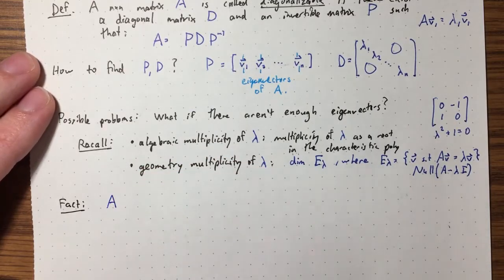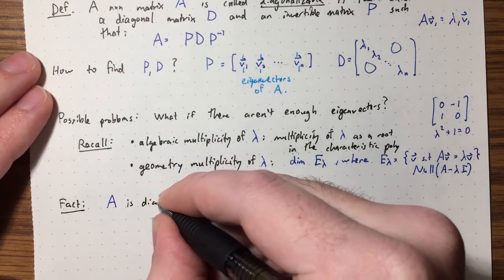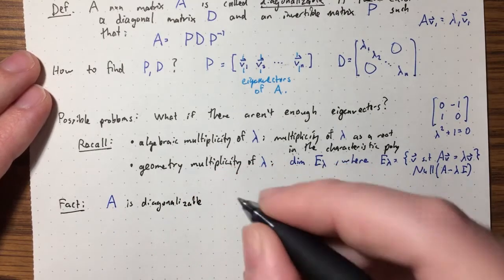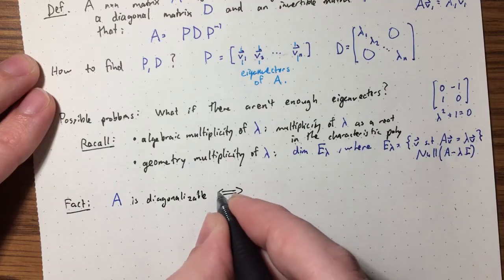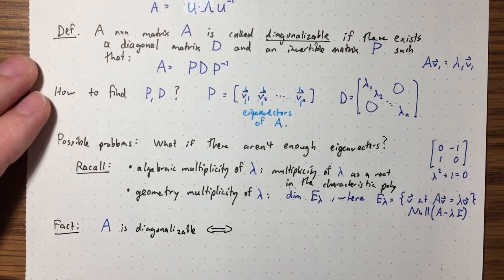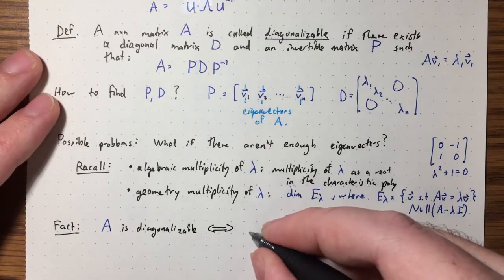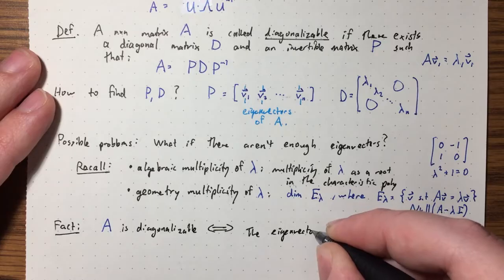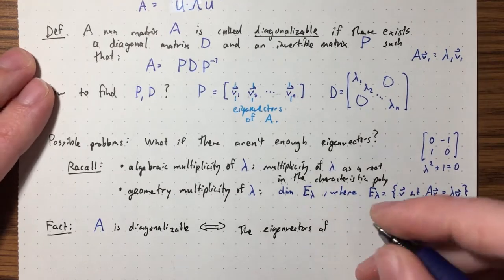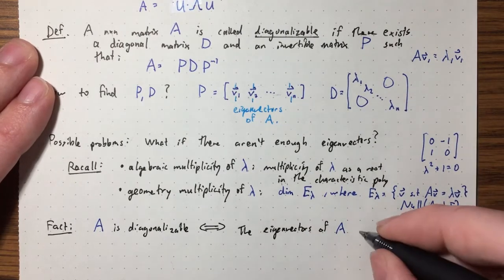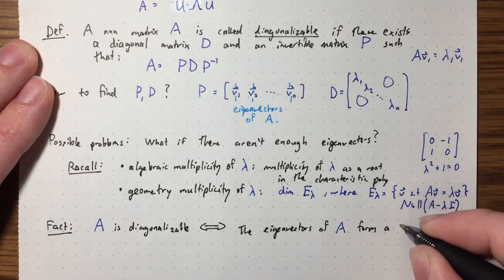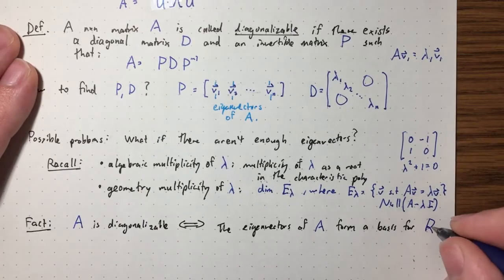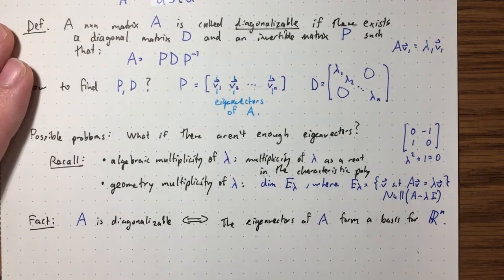A is diagonalizable if and only if the eigenvectors of A form a basis for Rn. That's kind of what we saw in the example above.